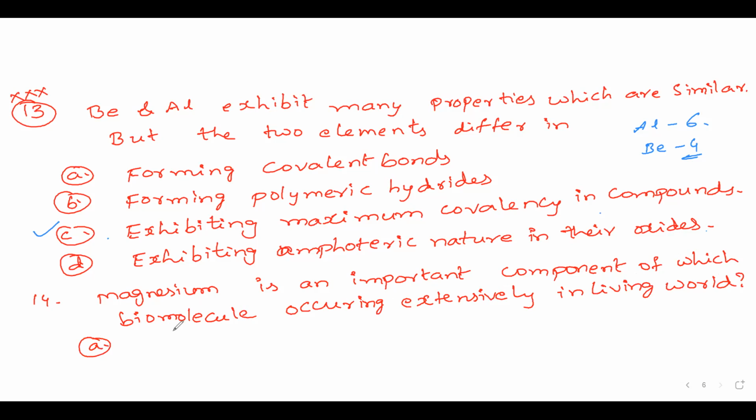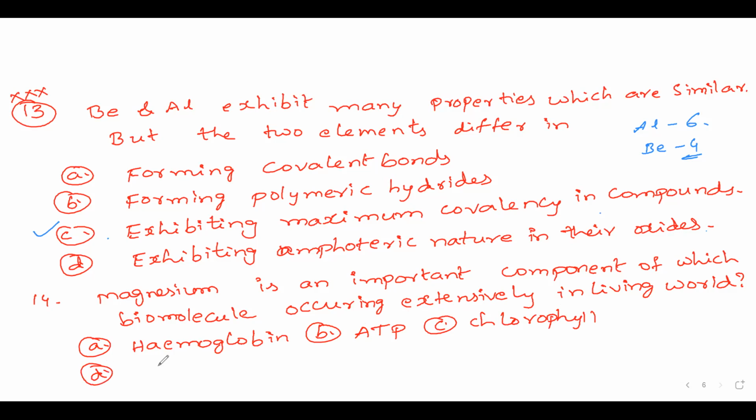Option A, it is hemoglobin. Option B, it is ATP, adenosine triphosphate. Option C, it is chlorophyll. And option D, it is vitamin B12. So in which biomolecule is it present extensively?